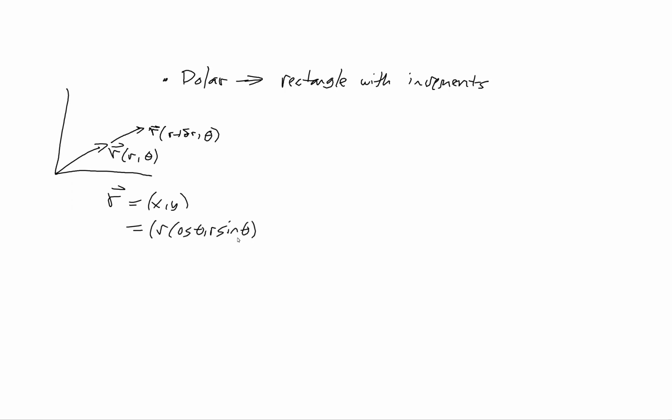So when I say r plus delta r, I really just mean increase r slightly. Now we increment in theta, keeping r the same. And what we do now is form our favorite rectangle, and now we form its area.